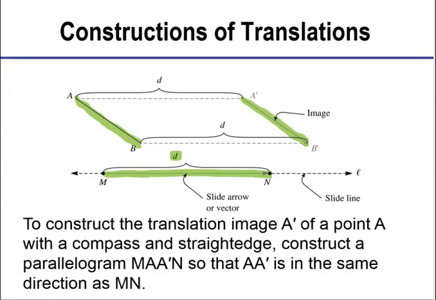It says to construct the translation image A primed of a point A with a compass and a straight edge, if that's all you had, construct a parallelogram MA primed N. So notice that's not what's in this picture, but you have MA, right, and then A primed N. And so if you already have your slide vector, you would construct the parallelogram by creating a straight line from A to M, okay, and then make sure you do a parallel line here and then connect the dots here, and that would give you your A primed.